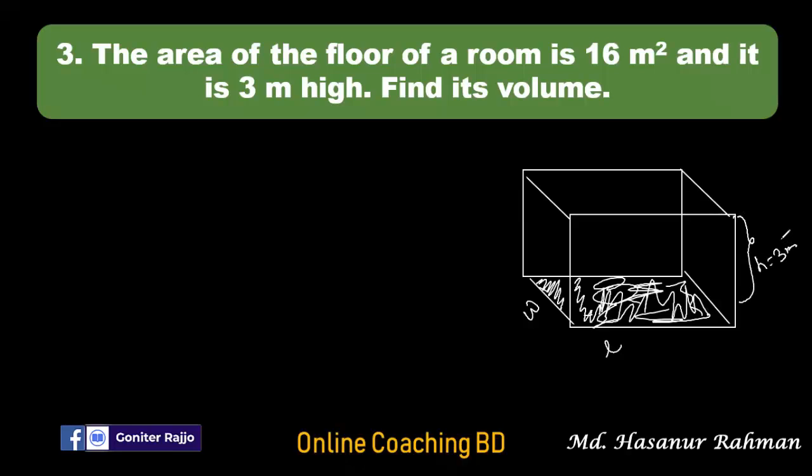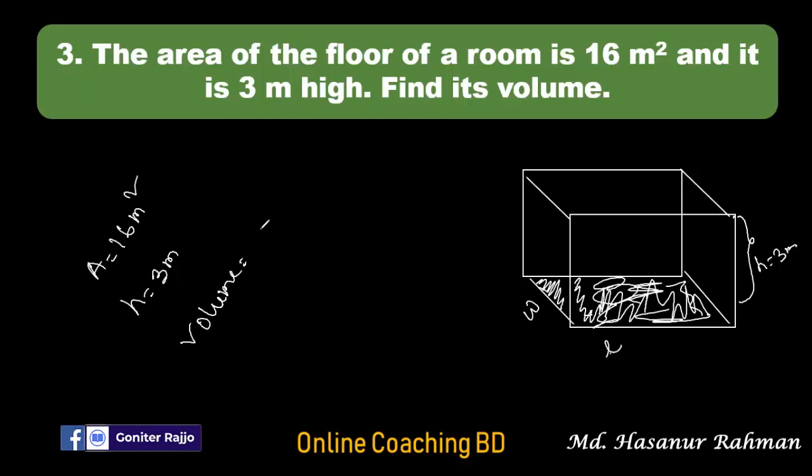Now we have to find out its volume. That means if we multiply length multiplied by width multiplied by height, then we get the volume. So simple. So here area is 16 meters square and height H equal to 3 meter. So what will be our volume?